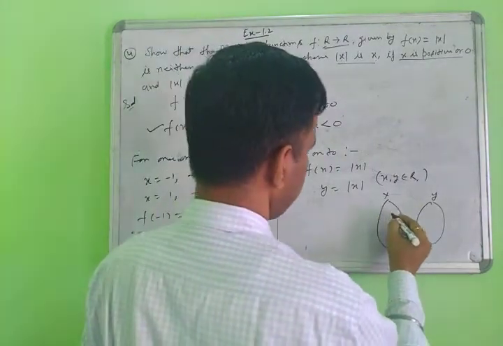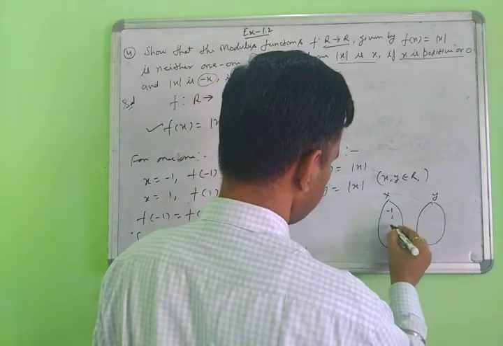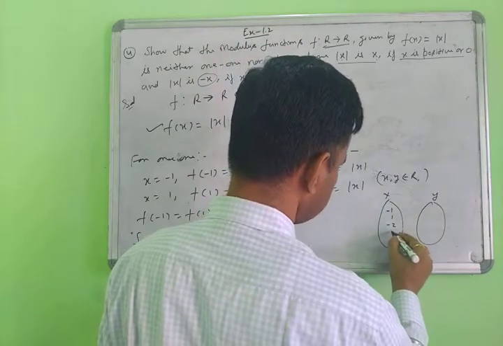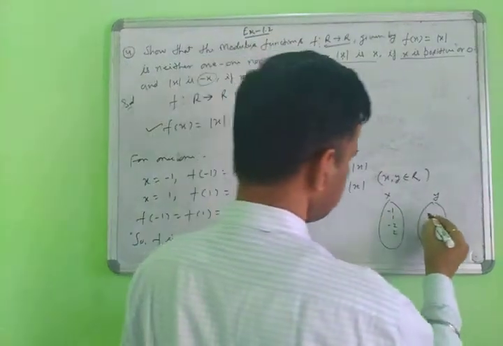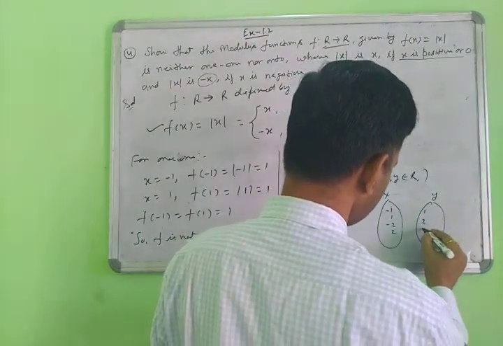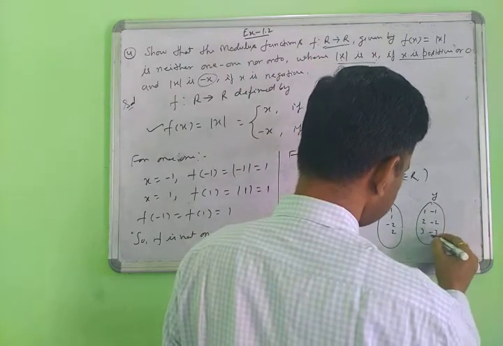Suppose here we write negative numbers: minus 1, plus 1, minus 2, plus 2. Every positive number 1, 2, 3 comes here, but so do minus 1, minus 2, minus 3.